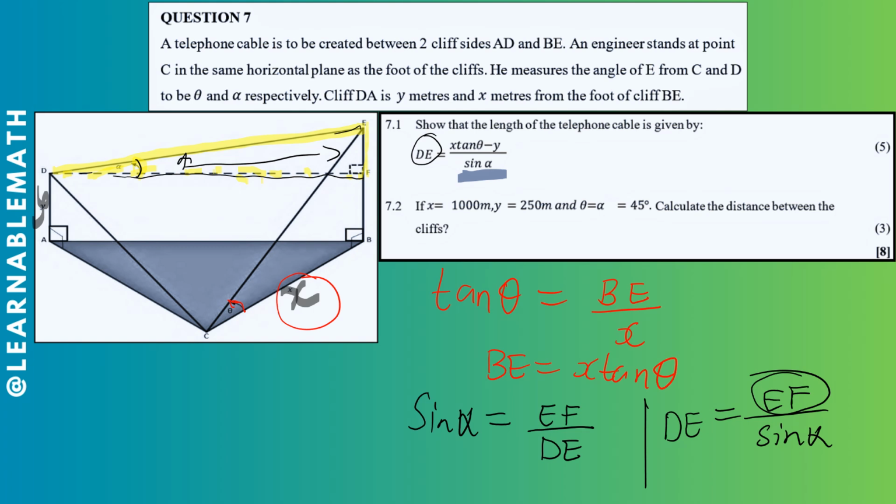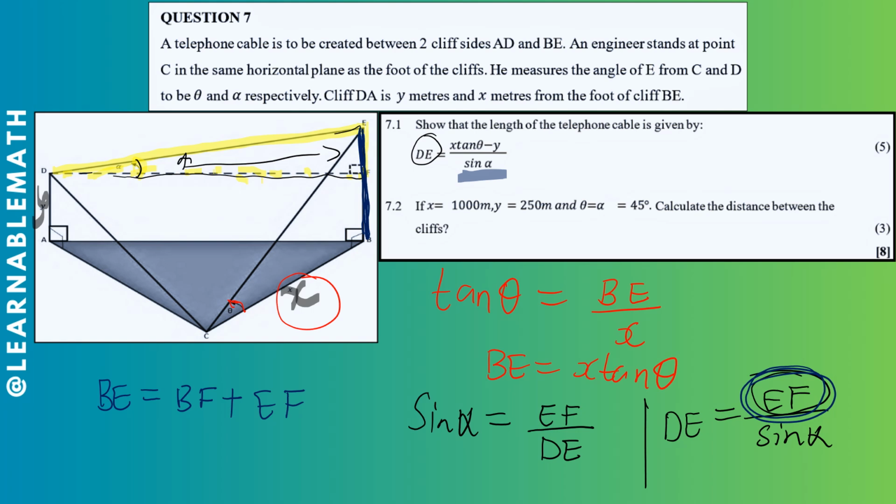Let me just write this with a pen. So the whole length of BE is made up of BF, right? Plus what? Plus EF, right? In this case, I want to know what is EF in terms of x tan alpha and y, all those things, right?